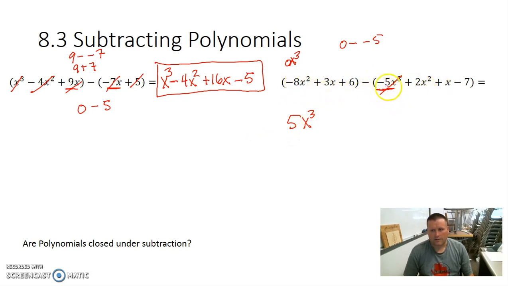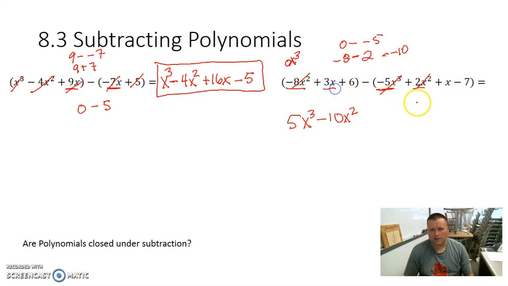Then I can go to my x to the seconds. I've got my coefficients. I'm going to go negative 8 minus positive 2. Well, negative 8 minus 2 gives me negative 10. So that gives me negative 10x to the second. And that takes care of those two like terms.